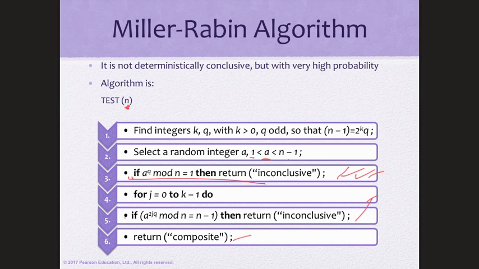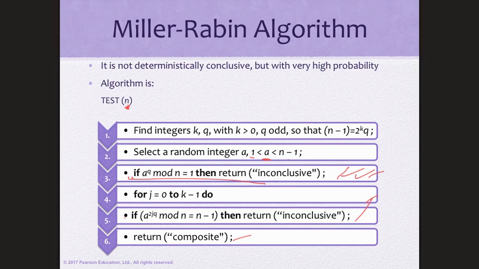So I am still inconclusive, but with a high probability of making the correct decision. Otherwise, if it fails even once, failing both of the tests, then definitely I know that the number is not prime, and I move to the next one.